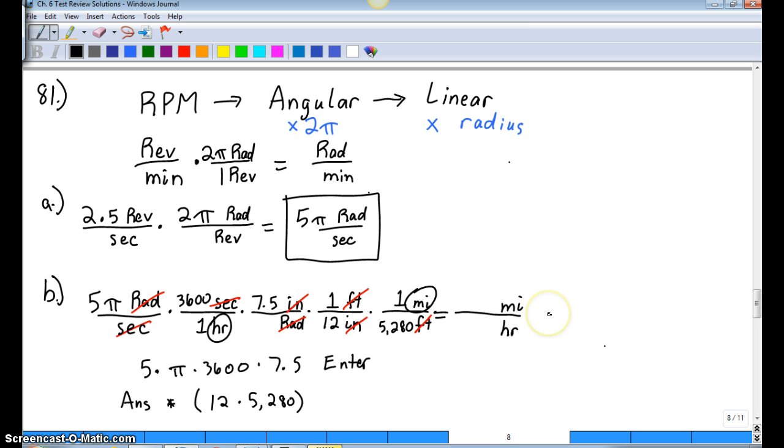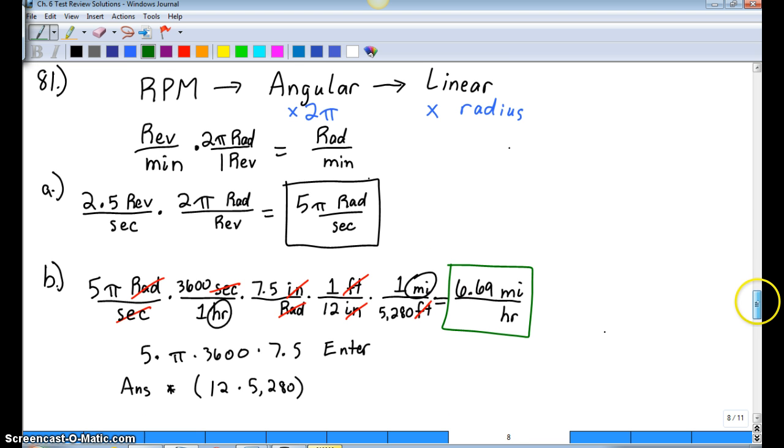Your answer is about 6.69 miles per hour. That is number 81, our angular velocity problem.